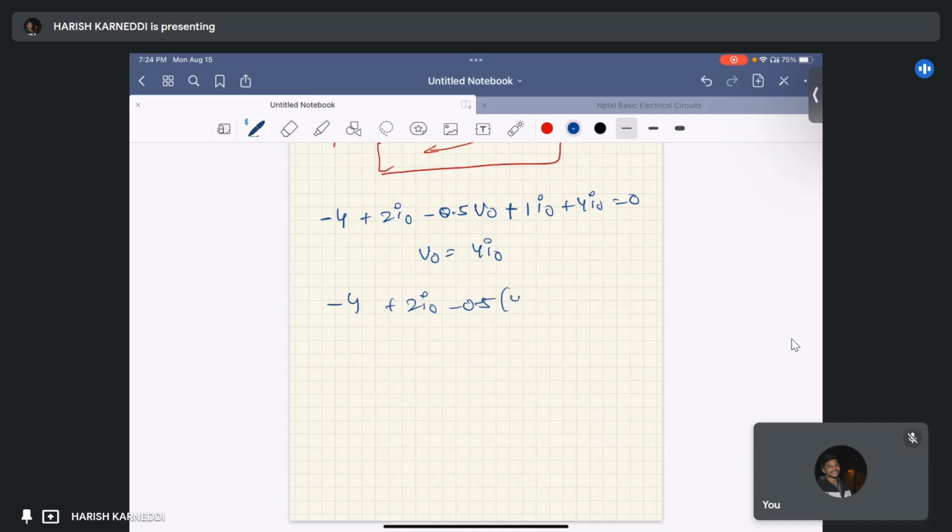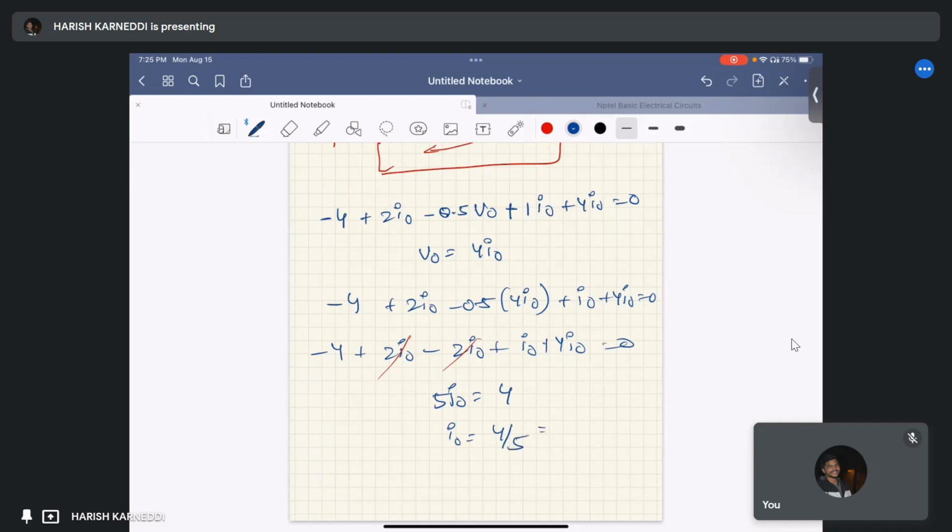Instead of V naught I am substituting 4 I naught, plus I naught plus 4 I naught equal to 0. That is minus 4 plus 2 I naught minus 0.5 into 4, that is 2 I naught plus I naught plus 4 I naught equal to 0. Thus 2 I naught cancel, and 5 I naught equal to 4, and I naught equal to 4 by 5.